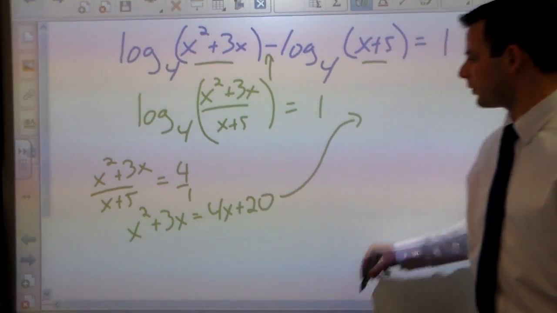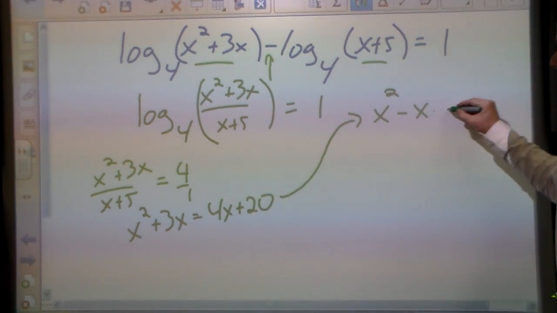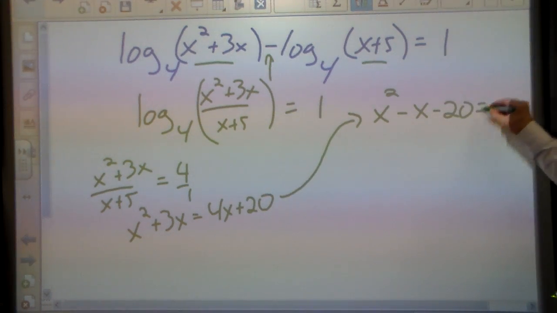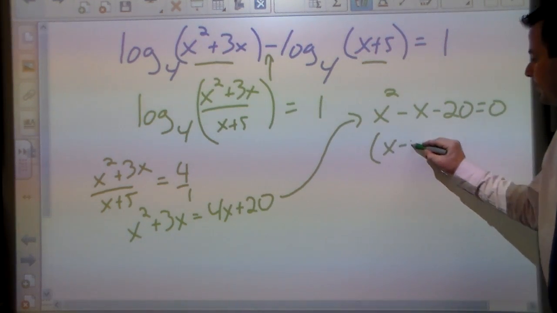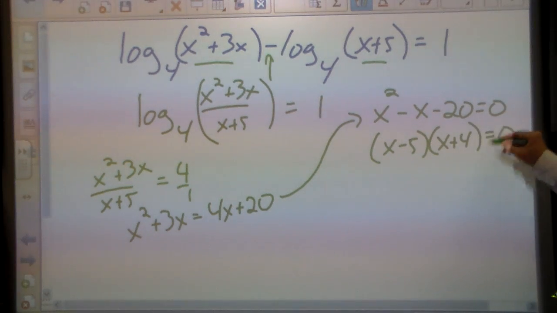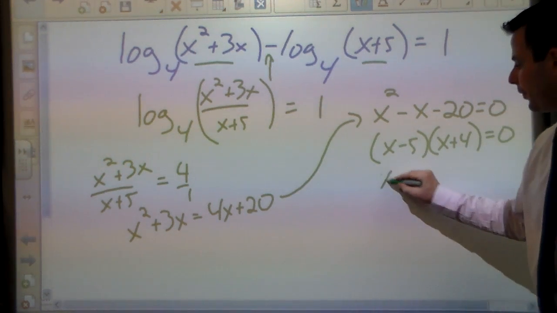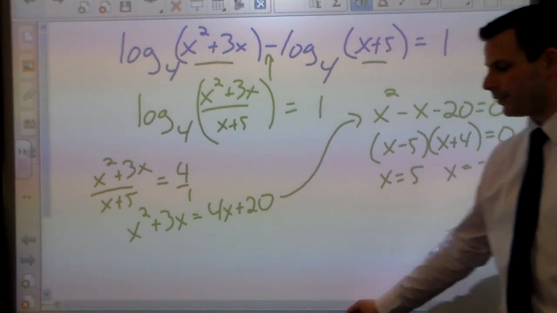We're subtracting 4x from both sides, and we're subtracting 20 from both sides. So now this is a factorable second degree equation. The factors are x minus 5 and x plus 4 equals 0. Let's set both factors equal to 0, x equals 5 and x equals negative 4.